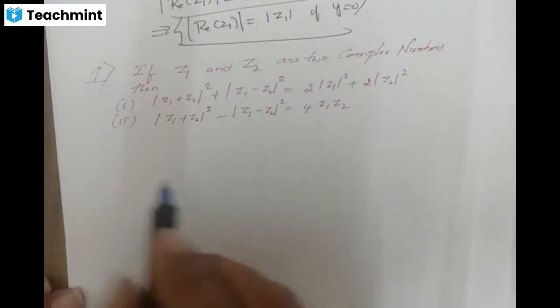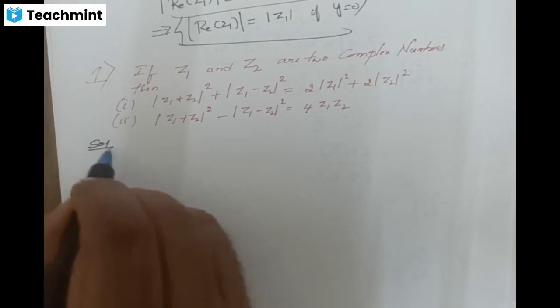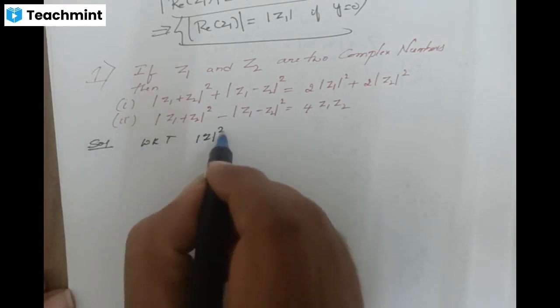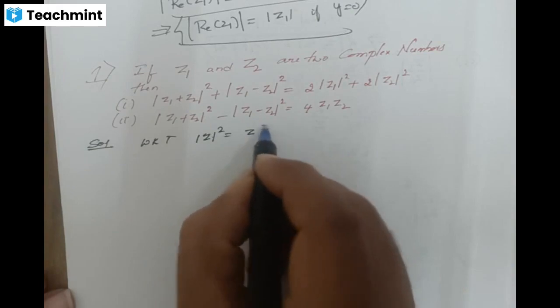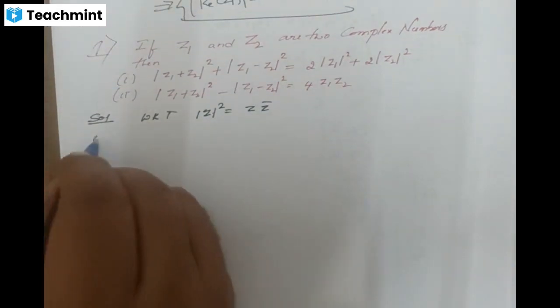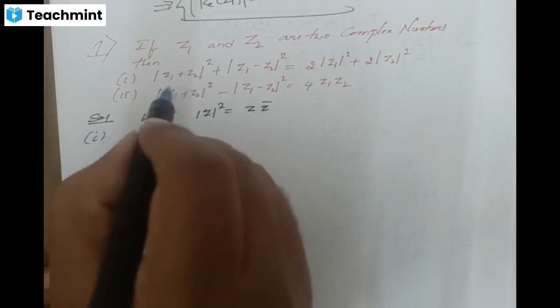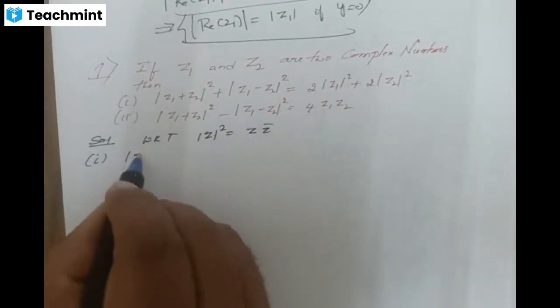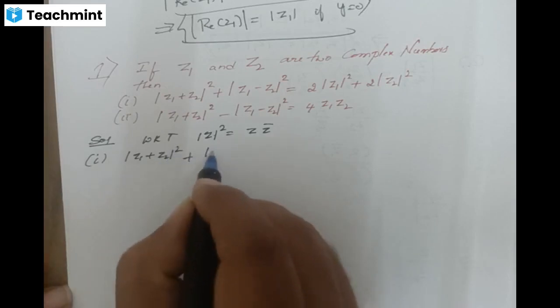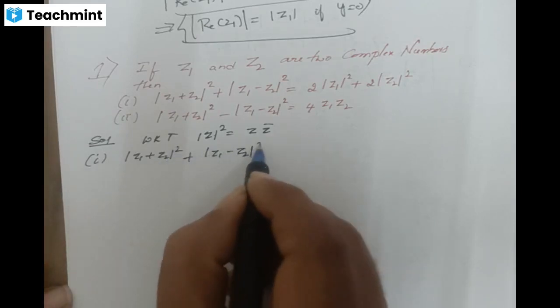So in the solution, before proving the first and second, we know that mod Z square is equal to Z into Z bar. I am using this concept. For proving the first one, I will take the left side, that is mod Z1 plus Z2 whole square plus mod Z1 minus Z2 whole square.